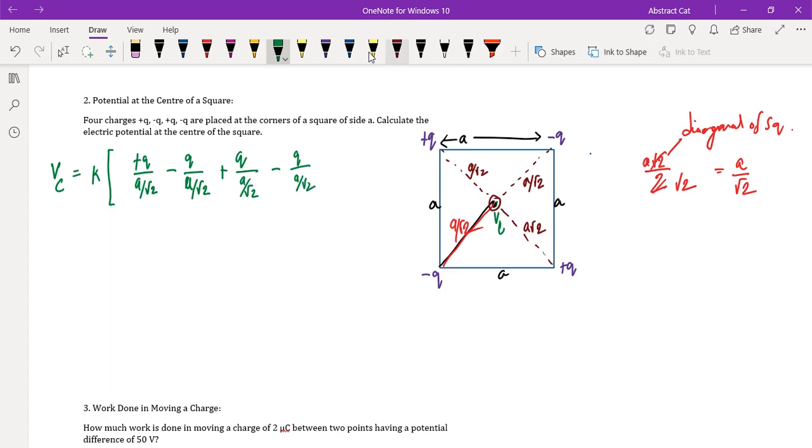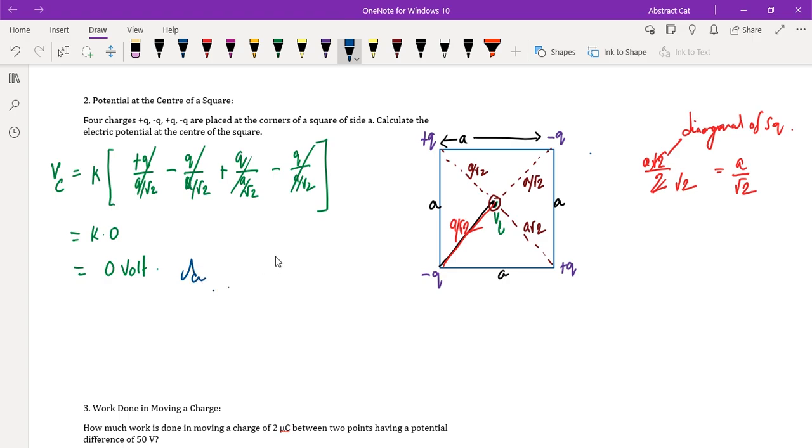So the potential VC due to plus Q, VC due to minus Q, VC due to plus Q, VC due to minus Q. Plus and minus cancel, so K times 0 is equal to 0 volt. The potential at the center is 0 volt. That's the answer.